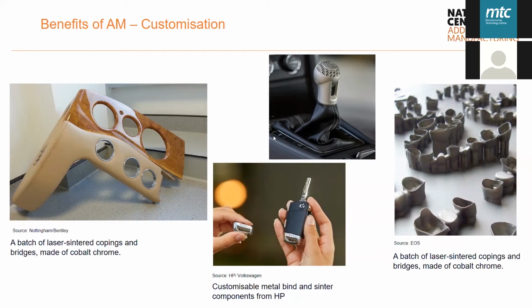With the greater throughput of newer metal technologies such as metal binder jetting, we've started seeing a greater amount of bespoke automotive parts at a large production level. So here we can see customizable components from HP and Volkswagen from the automotive sector.